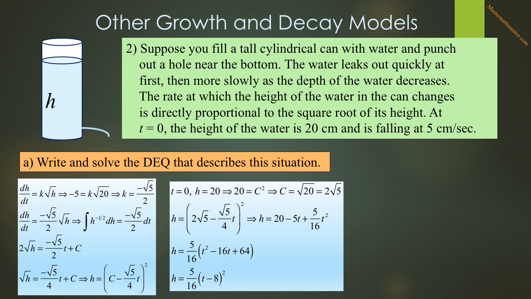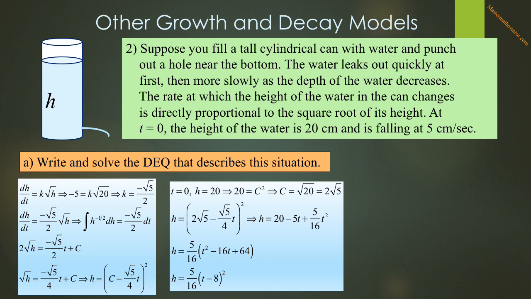Next, we have to solve for c. We know that at t equals 0, h is equal to 20, and therefore 20 is equal to c squared, and therefore c is equal to the square root of 20, or 2 square root of 5. So we can now write our statement for h is equal to the quantity 2 square root of 5 minus the square root of 5 over 4 t, quantity squared.